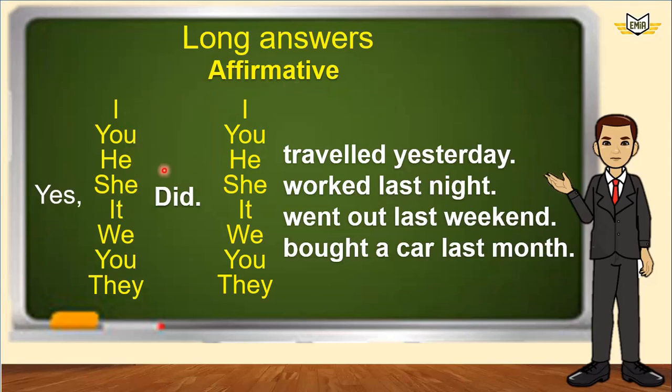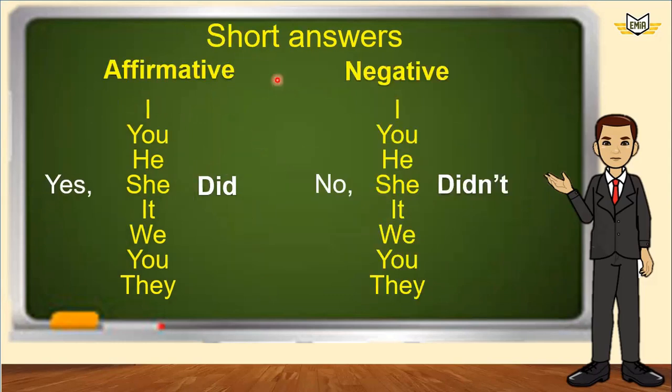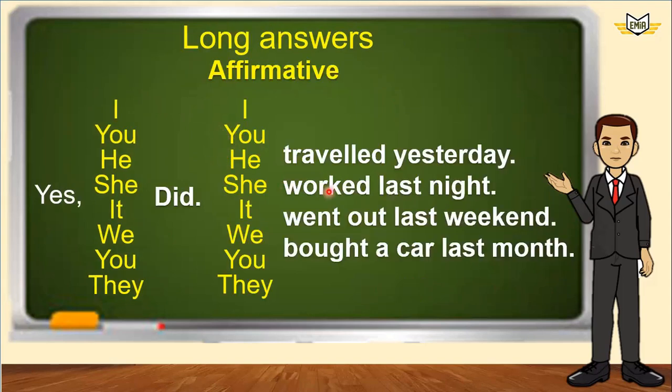But the most common, guys, is to use first the short answers, and then you can add an affirmative sentence, which is part of the long answer. Can you see again here? You have a short answer and then an affirmative sentence to complement the answer.